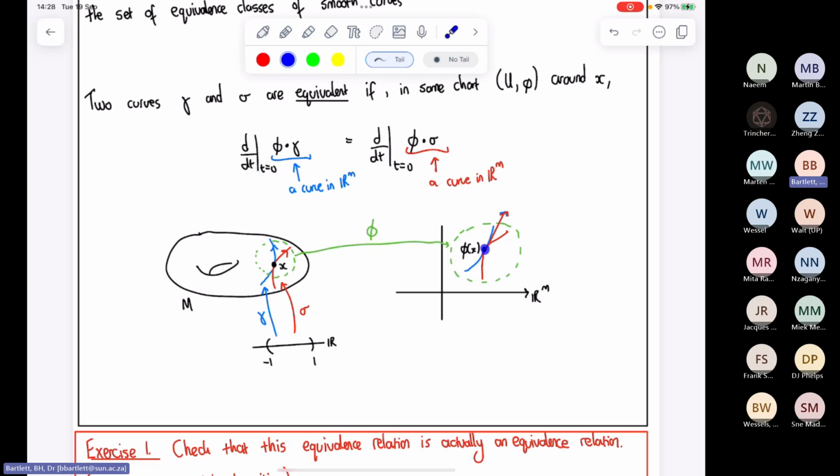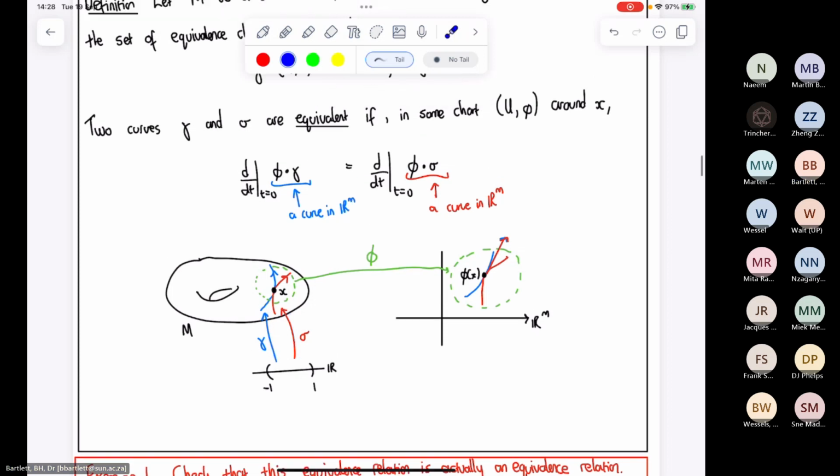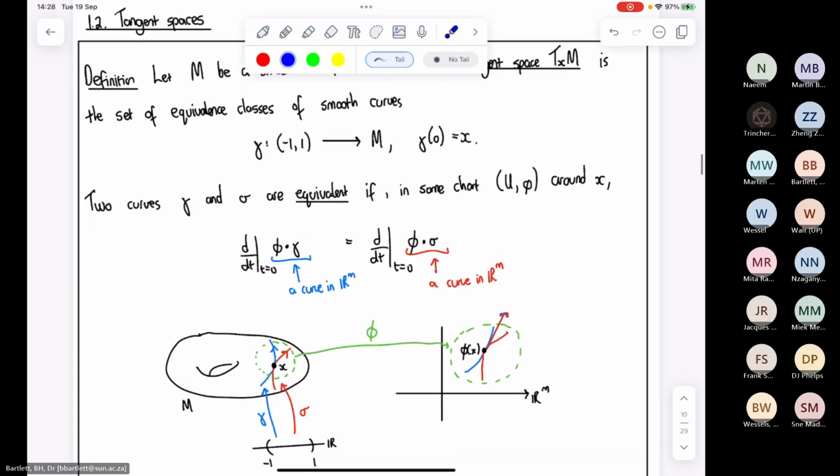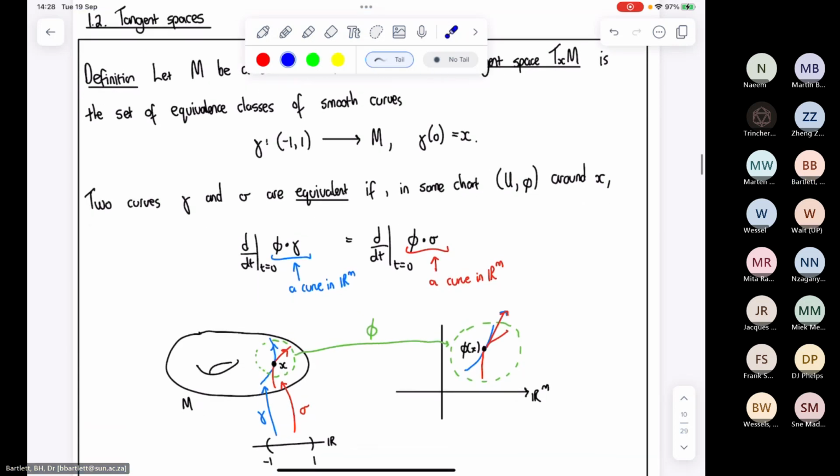At that point here, they must have the same tangents, they must have the same derivative. Okay, so these two curves are tangent at that point, so that means that these two paths in M are equivalent. So the tangent space is a set of equivalence classes of smooth curves through that point x.